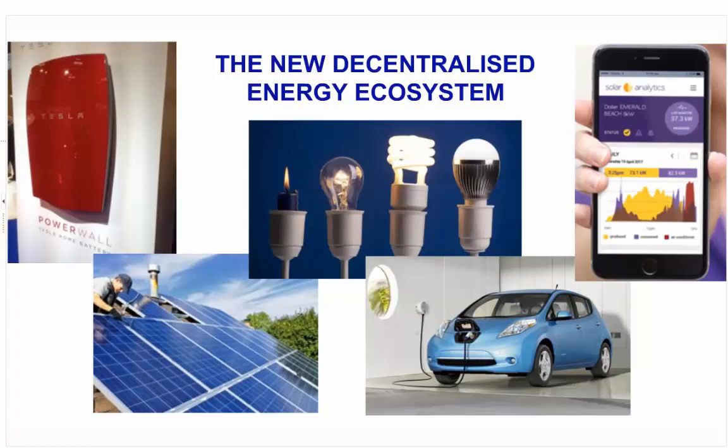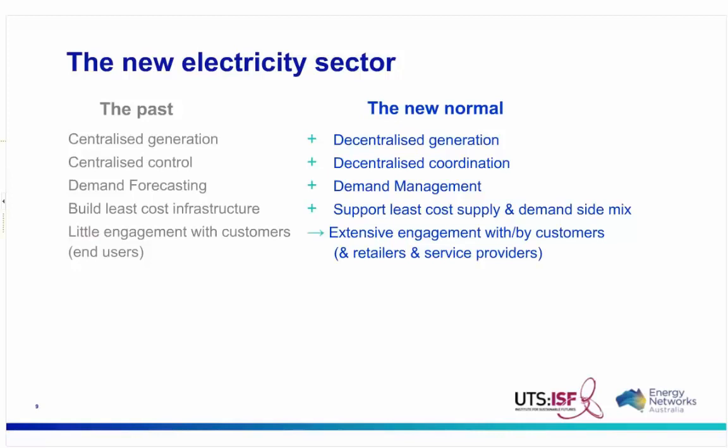So this new electricity sector, it's an evolution. It's building on the tenets of the past, but we're seeing a very dramatic transition. So it's no longer just about centralized generation. It's about decentralized generation. A move from more centralized control to not just decentralized control, but a greater need for coordination.